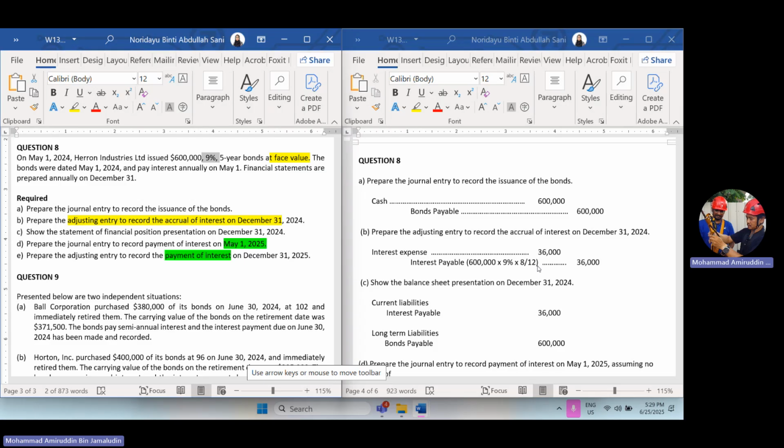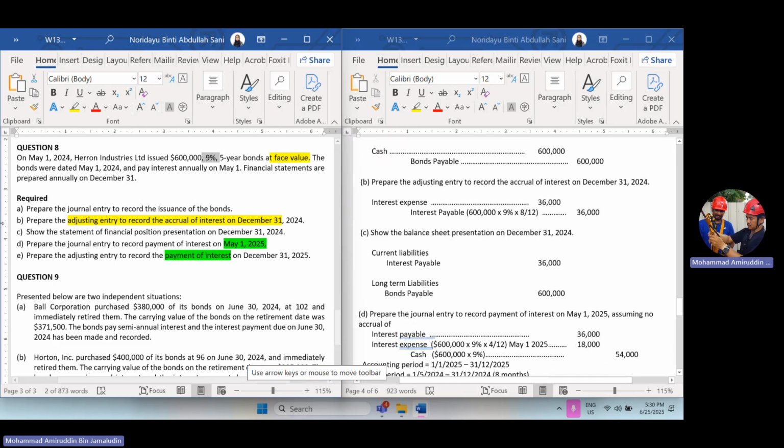So your bonds period for year 2024 takes place from 1st May 2024 until 31st December 2024, not until 30th April 2025. Understood? Okay, so I get the 8/12. That's all.